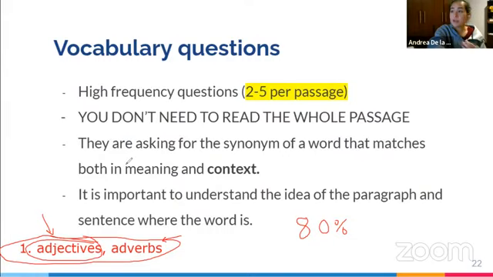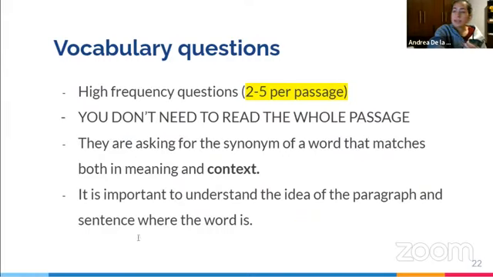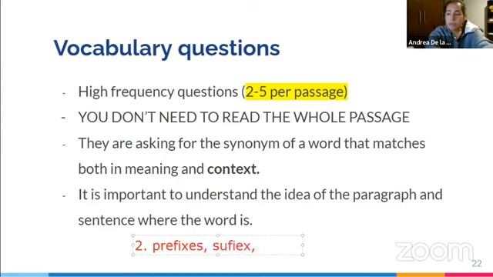Now, second, another piece of advice: learn words by learning prefixes, suffixes, and word groups. If you learn the most common prefixes and suffixes, because there are not a lot, your vocabulary will double or triple quickly.